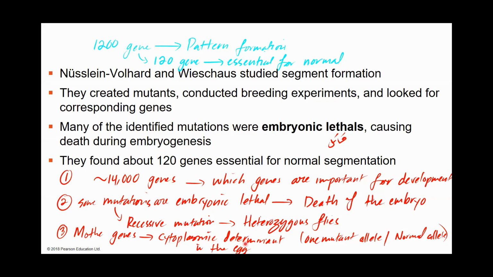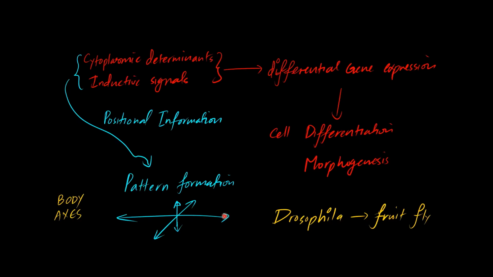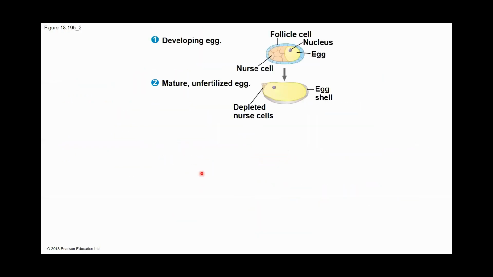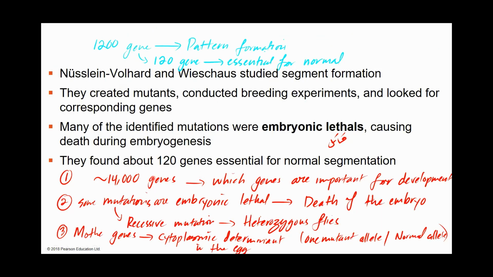And these cytoplasmic determinants are important for cell differentiation and for pattern formation. So not only did these scientists have to focus on the genes of the embryo, but also on the genes of the mother, because these cytoplasmic determinants found in the egg are important for the early stages of development in the embryo. Also, they are important for pattern formation.